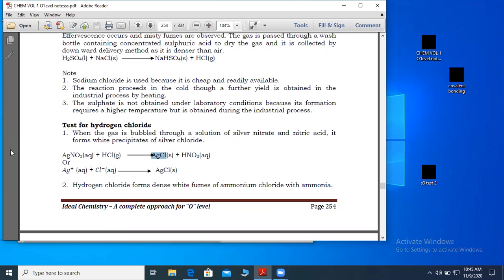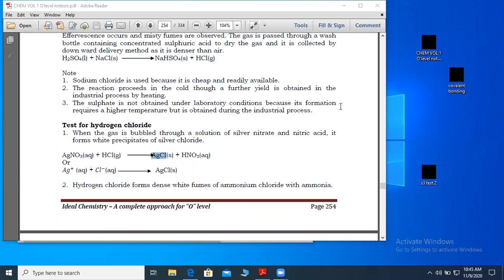So the test for hydrogen chloride gas is that it forms a white precipitate when it is bubbled through an acidified solution of silver nitrate. The role of nitric acid is to acidify the solution of silver nitrate.